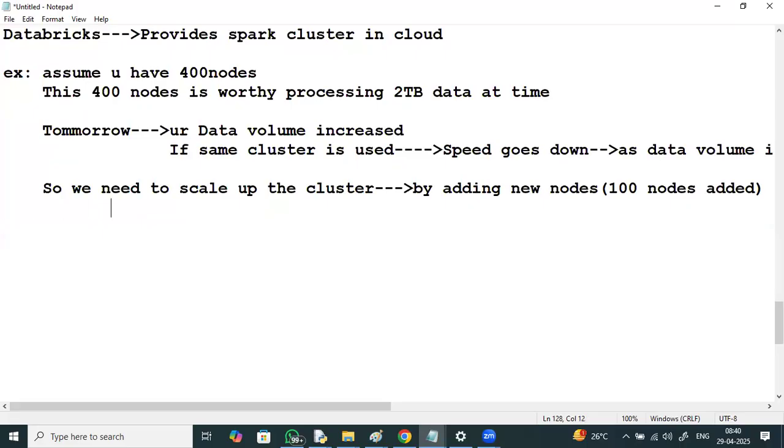Again, whenever data increases, again after 2 months, again 100 nodes added.